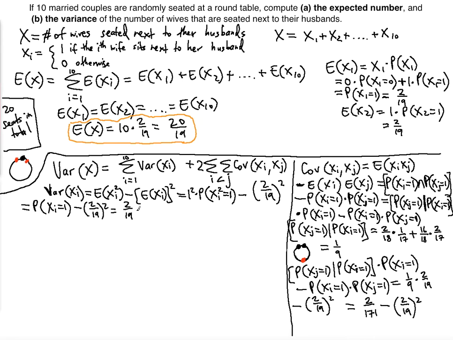So now the sum of those variances, we have to sum up this variance that we found 10 times, from i equal to 1 to 10. So this is essentially 10 times, well, I don't have space here, essentially 10 times this 2/19 minus that. Alright, so we found this component.